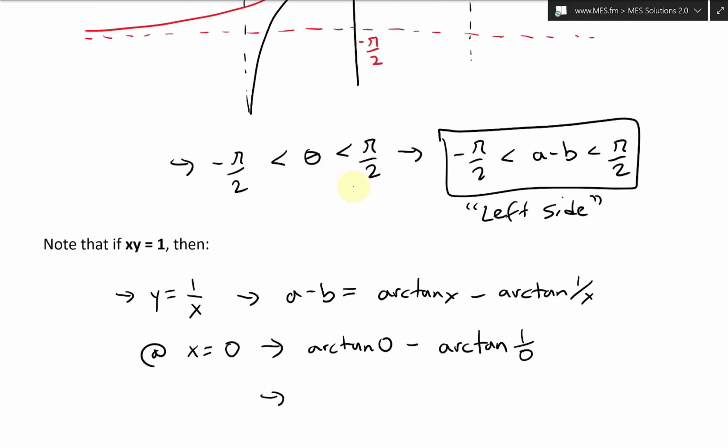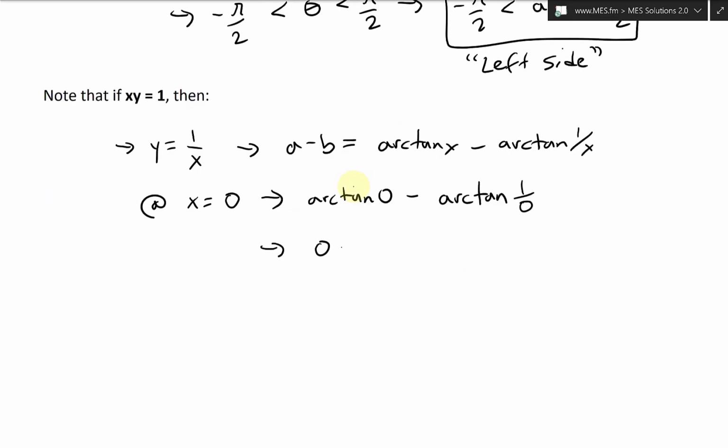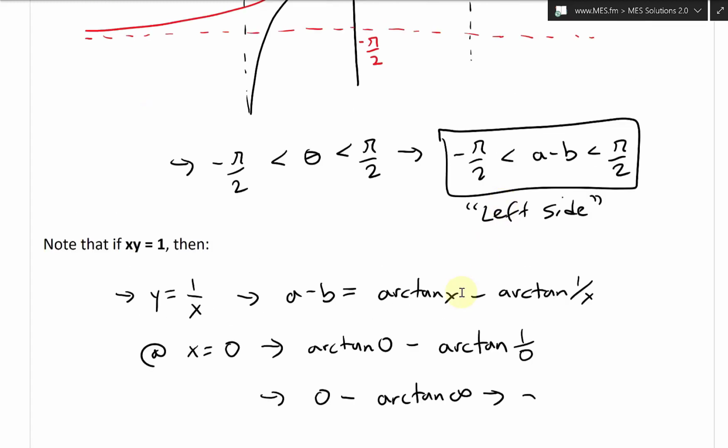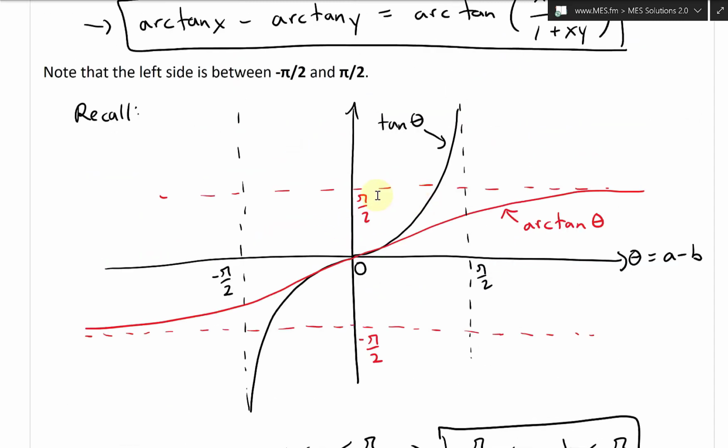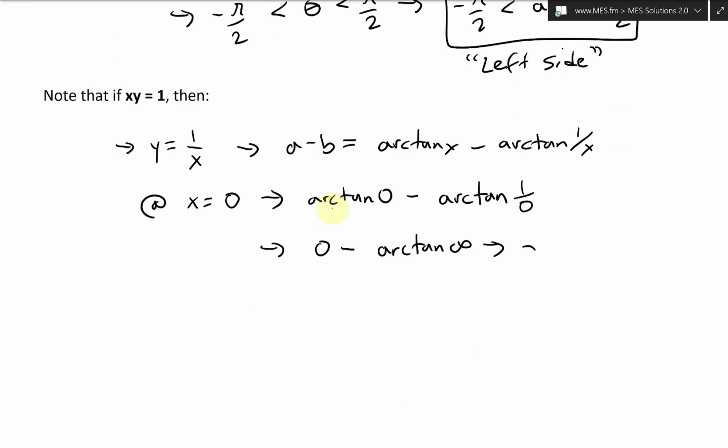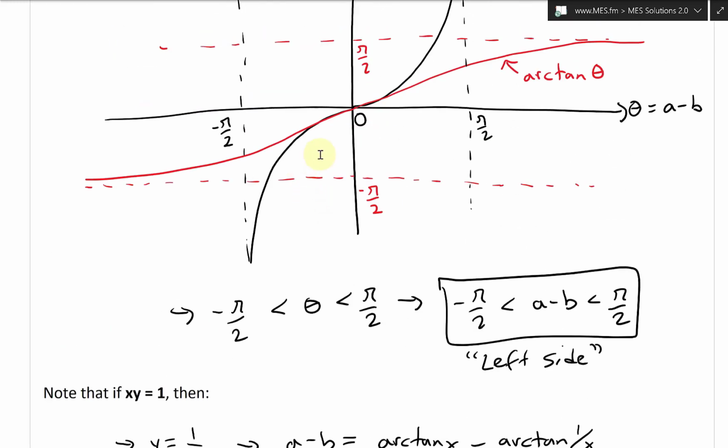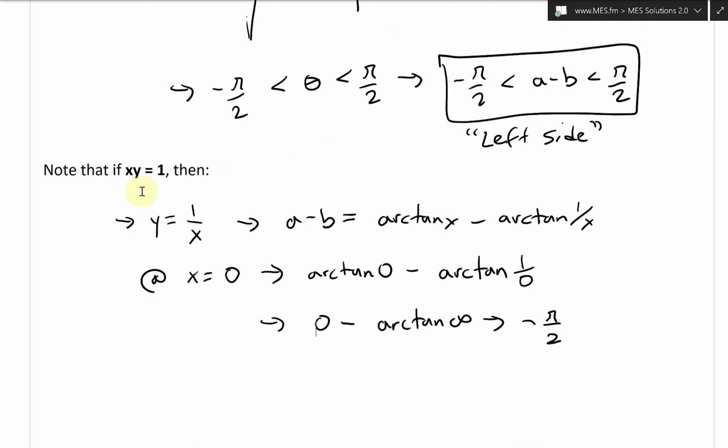So it's approaching 0 minus arctan of 1 over 0, that's going to infinity. Let's go arctan infinity. And this is approaching 0, we'll just remove the 0, minus, and then when you go to infinity here, you're going towards pi over 2. I'll just go negative pi over 2, like that.